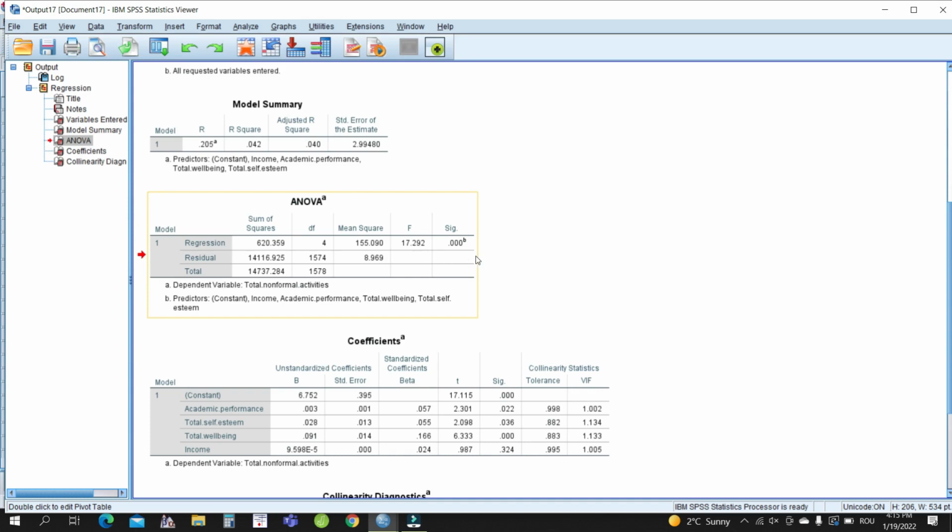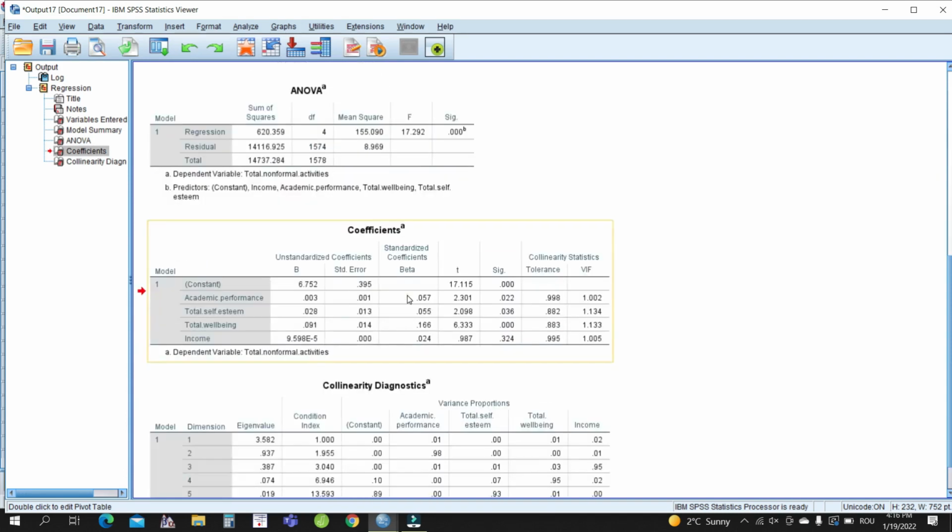If this F value is significant, which means a p-value smaller than 0.05, it means that we have a significant predictive model. In other words, our linear model containing the academic performance, the self-esteem, the well-being and income as predictors is a better predictor for the involvement in non-formal activities than the mean value. In our case, the p-value is less than 0.05, so our model is significant.